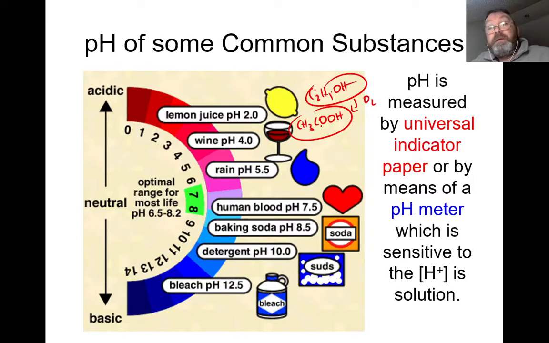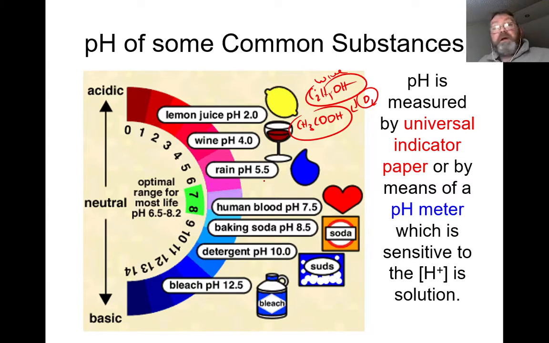And in fact, the longer you leave your wine open, the more acidic it becomes. Hence the reason some people say, oh, the wine has gone sour. Of course it has, because the alcohol, C2H5OH, has been exposed to atmospheric oxygen, has been oxidized to the corresponding carboxylic acid, which will drop the pH significantly from the normal pH of about 4.